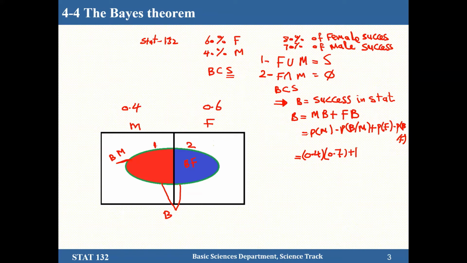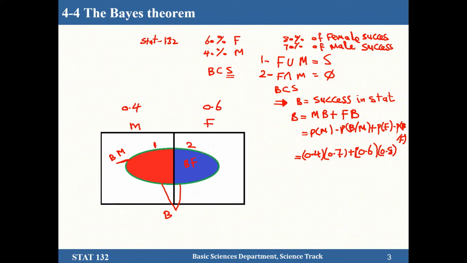Plus P of female, we already have 0.6, and 0.4 plus 0.6 should equal 1, multiplied by, of those female, 80% got success in statistics. So this means P of success given female is 0.8.